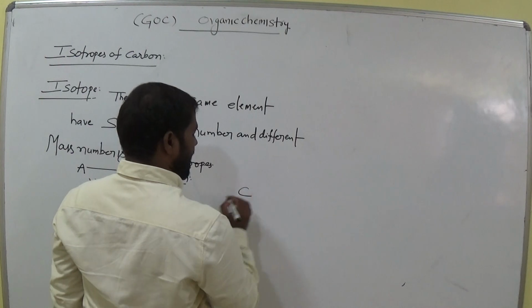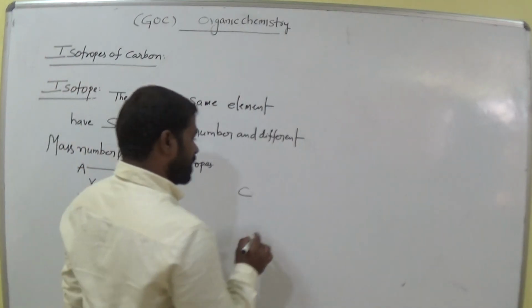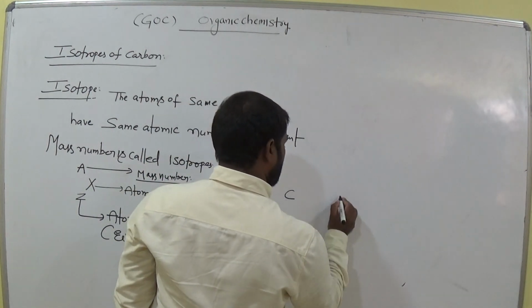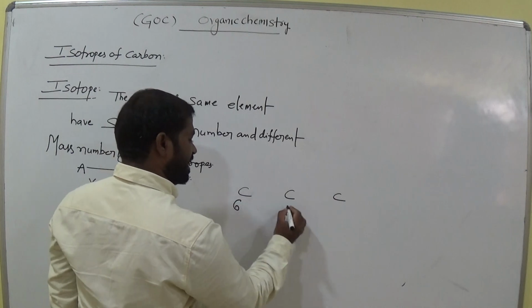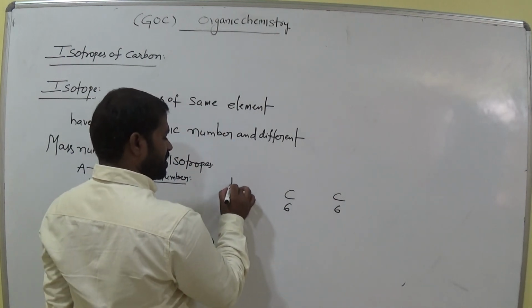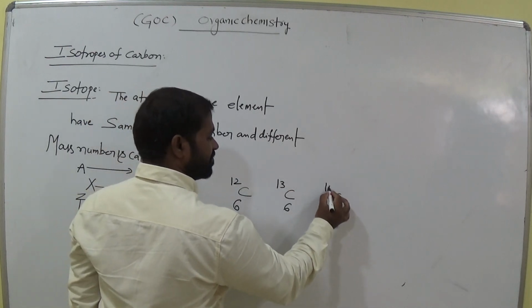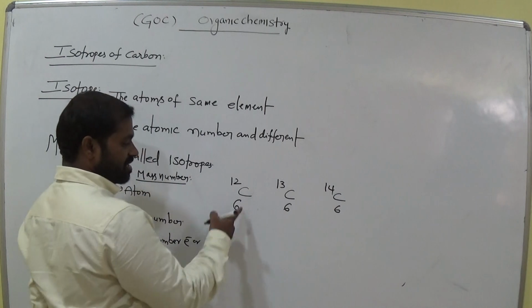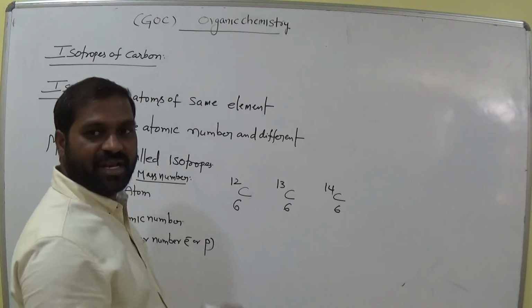Carbon is the atom of the carbon element, you know. Now carbon shows three isotopes. What is the atomic number? 6, 6, 6. So here 12, here it is 13 and it is 14. All are carbon atoms belonging to the same carbon element or not?